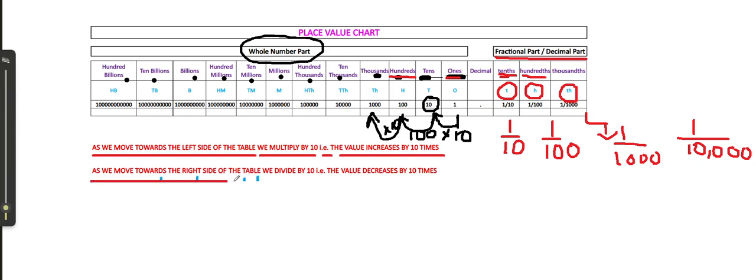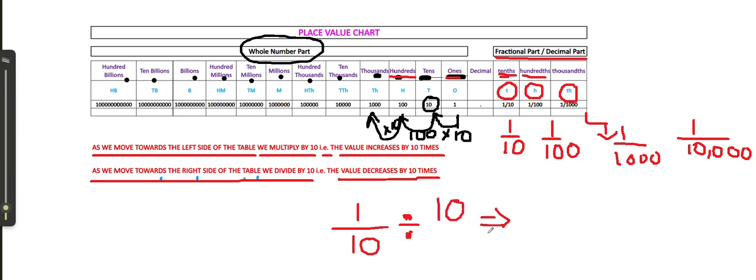As we move towards the right side of the table, we divide by 10. That is, the value decreases by 10. So let's have a look at the tens place, right? So we have 1 over 10. As we move towards the right side, we divide by 10. That means 1/10 divided by 10.